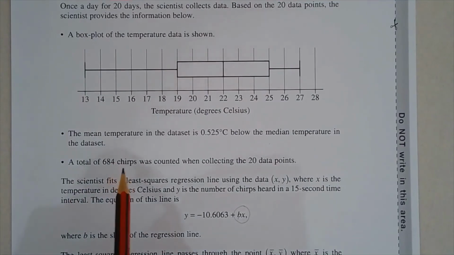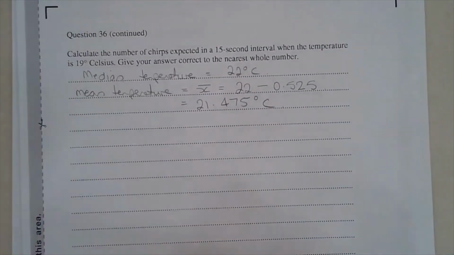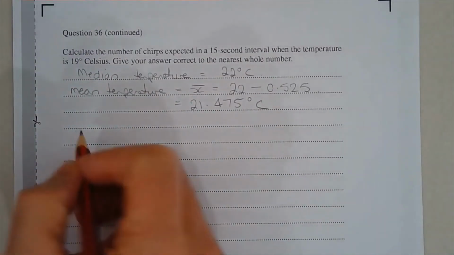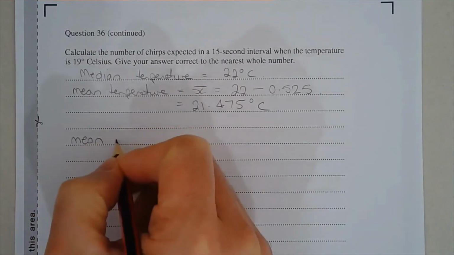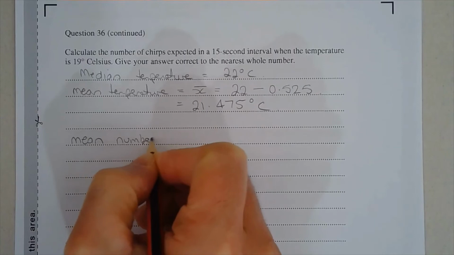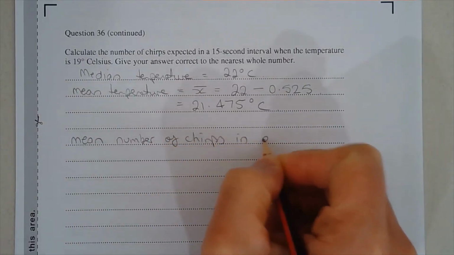We have 684 chirps counted when collecting the 20 data points. So let's work out the mean number of chirps in a 15-second interval.